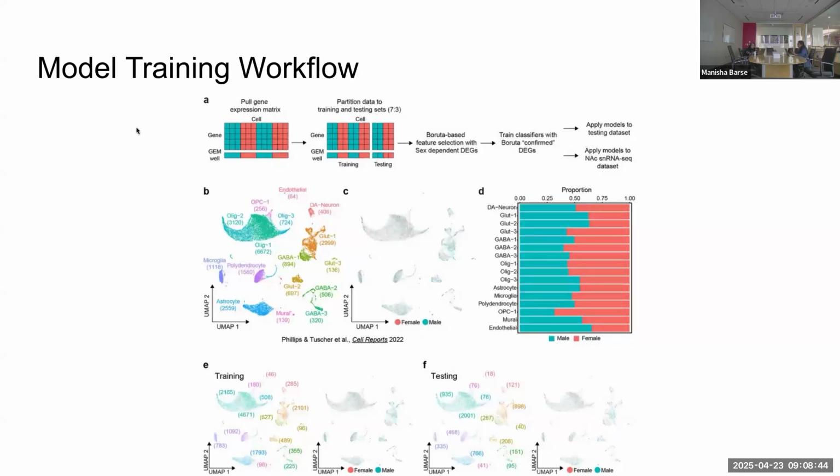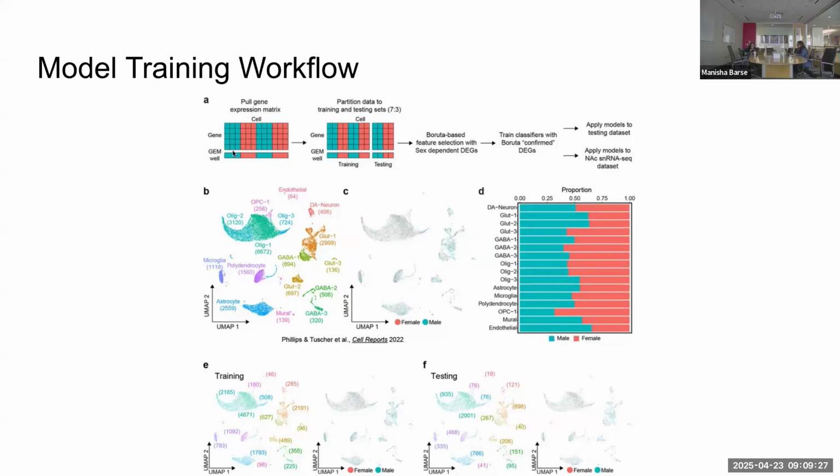To look at the model training workflow, in panel A they have the pooled gene expression matrix. The columns are the cells, and the rows represent the genes. The experiment they designed has alternate male and female single nuclei in these gene emulsified wells.